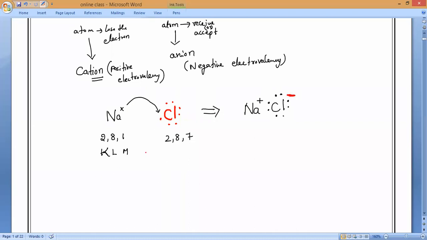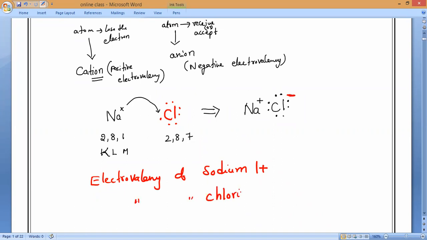Now what is the electrovalency of sodium? Positive or negative? What is the electrovalency of sodium? Here you can see +1, or 1 plus. And what about chlorine? 1 minus.